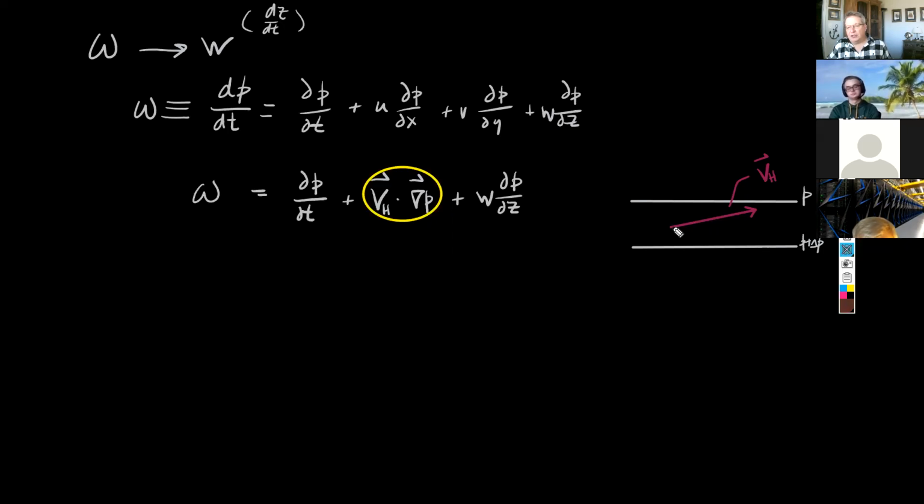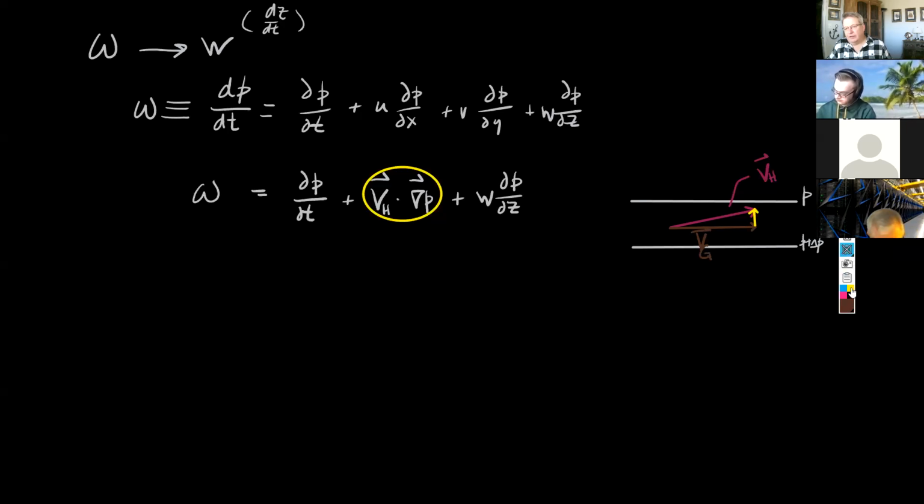So what is that really equal to? Well, VH is actually equal to this plus this. So what is this brown vector? Geostrophic wind.